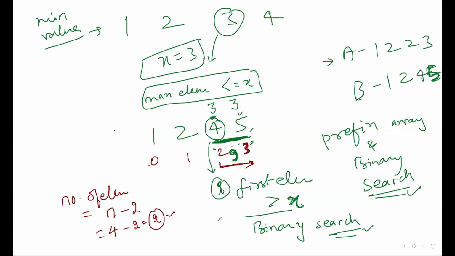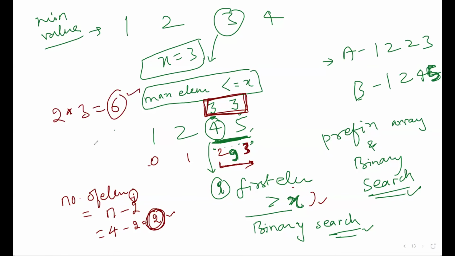So n minus I, where I is the index of the first element which is greater than x. You can find the number of elements, and you want to change all those elements to 3. So their sum will be 2 into 3, which is 6.